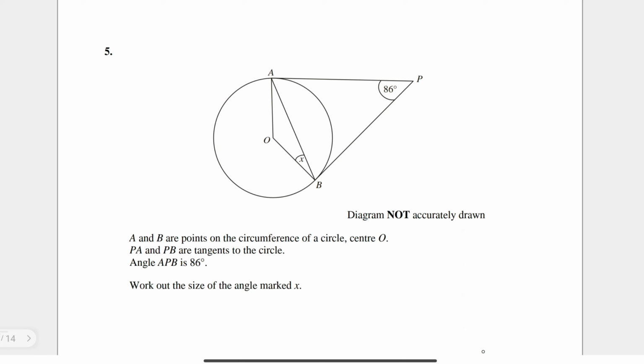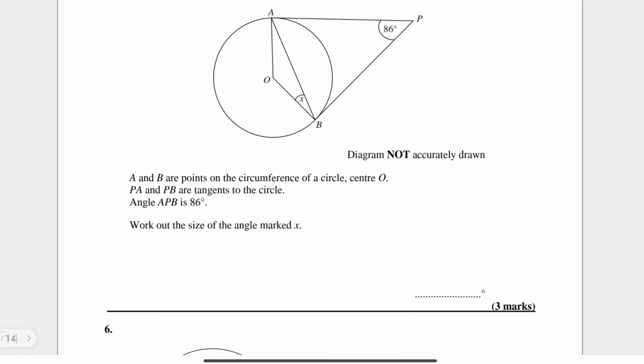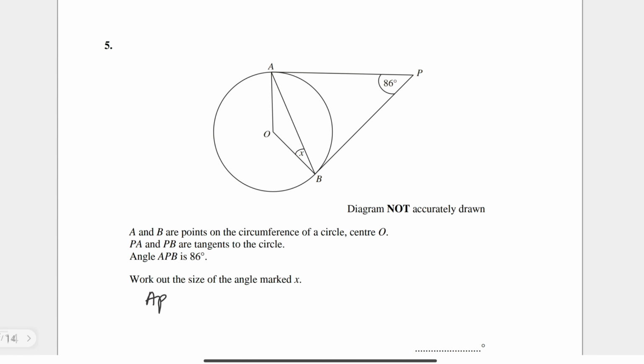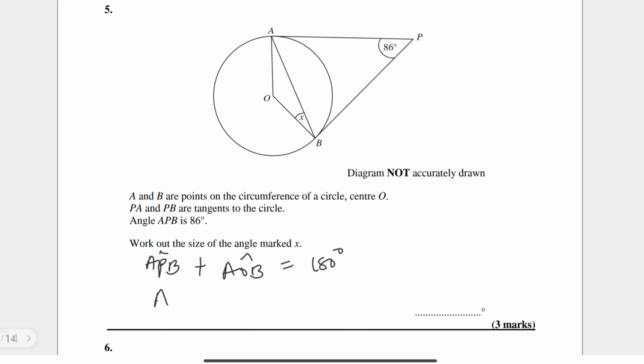Now back to our question. Already we know that this is 86 degrees, and angle APB plus AOB is going to add up to 180 degrees, as we already know. So AOB equals 180 minus 86, which is 94 degrees. What is x?